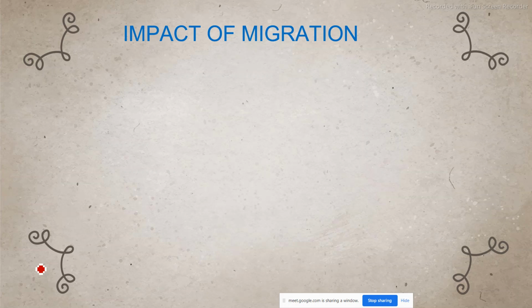Now, one major impact is the racism that happens. As I said just now, California gold rush: people from China moved towards America. When a lot of people come, the native people over there feel threatened.